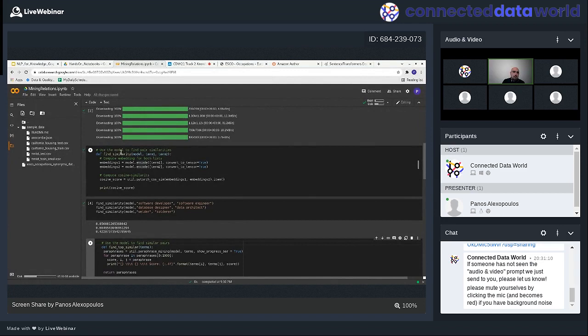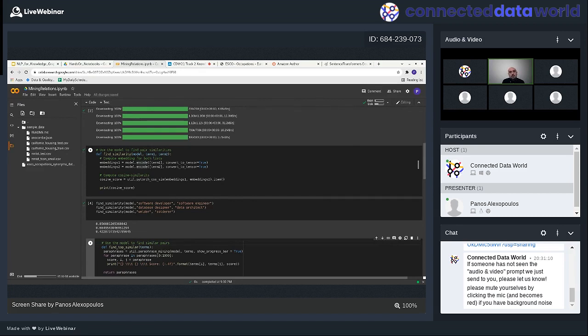Now, the find similarity function finds just the similarity between two terms. Now, imagine that we have, I don't know, 50,000 entities in our knowledge graph, right? And we want to find all the potential relations between them. Then we would need to do a pairwise computation of the similarity between all possible pairs, which can be a lot, right? It's actually 50,000 squared.